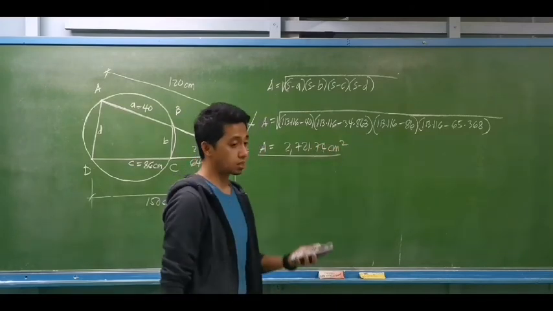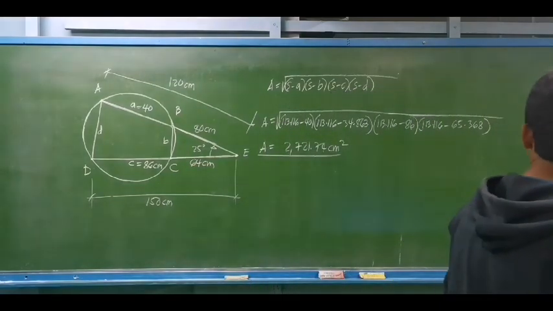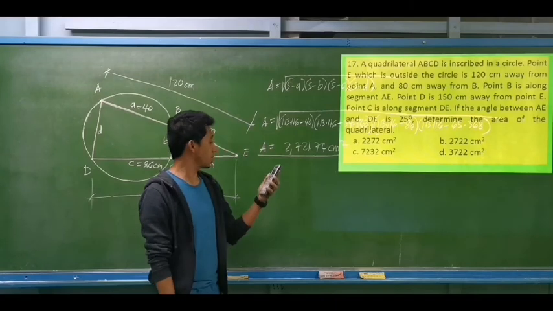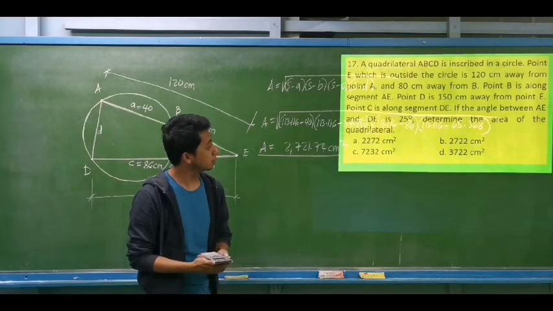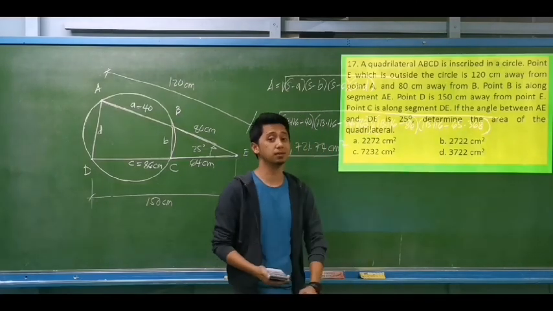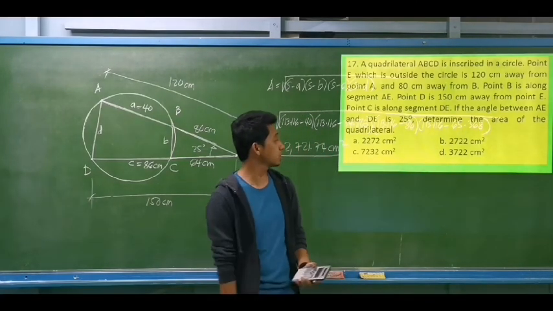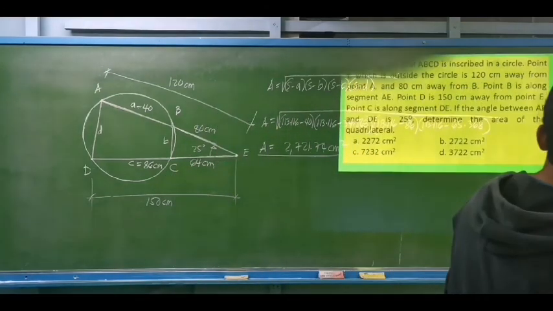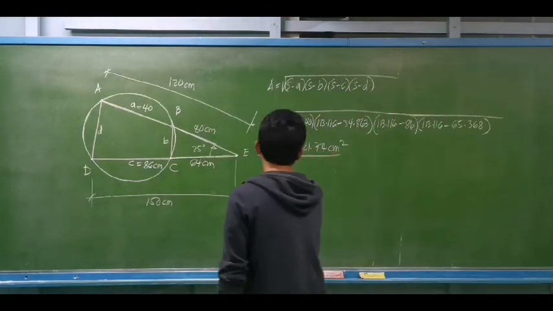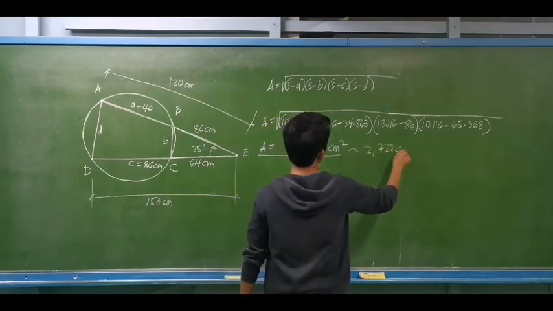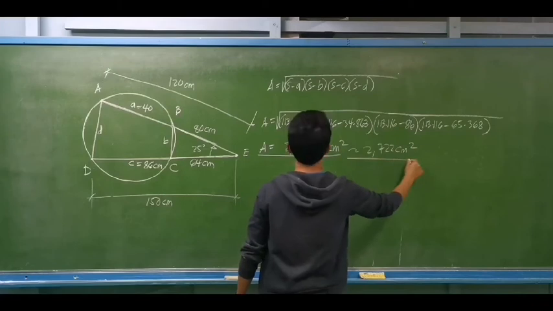Okay, check natin sa choices. Pinakamalapit si letter B, 2,722. So ang sagot niya is letter B, approximately 2,722 square cm.